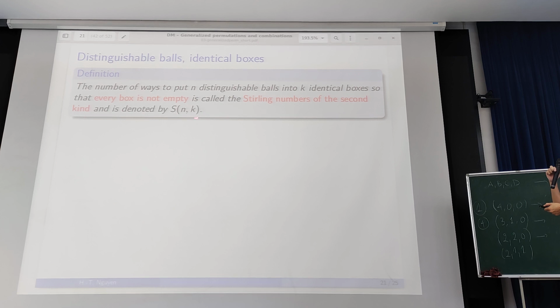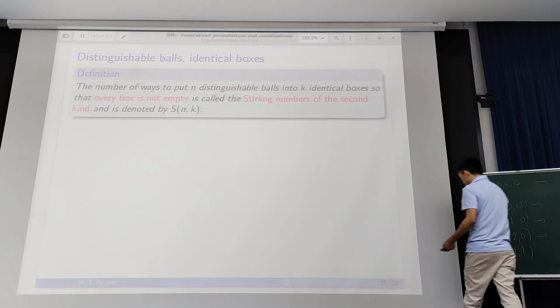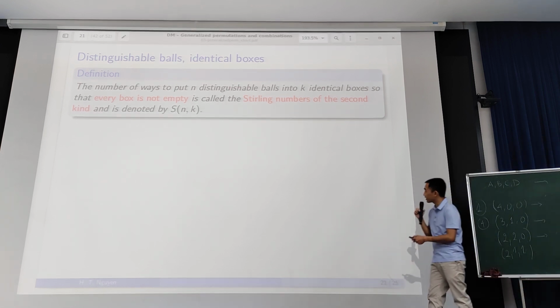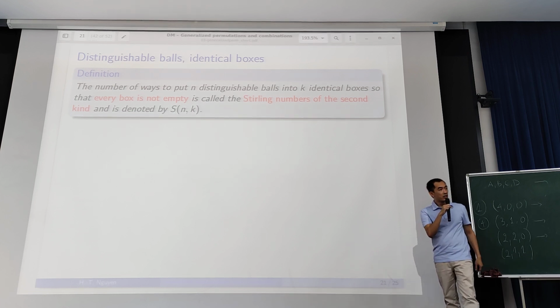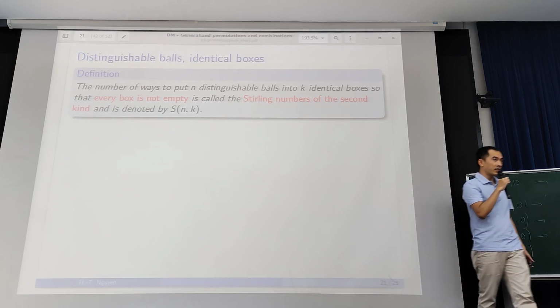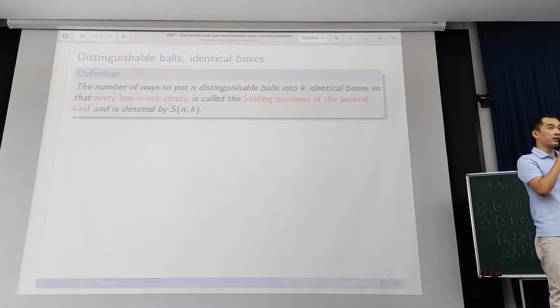Remember that the order of the parameters is important. The first parameter is the number of balls, which are different, and the second is the number of boxes. You can remark immediately that if the number of balls is smaller than the number of boxes, then the number of ways is 0.